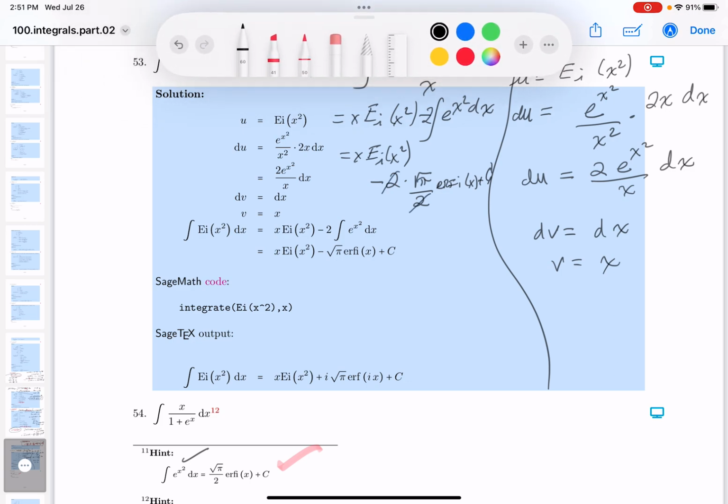I think we got it. The 2's cancel, and let's go for it. What are we left with? x Ei(x squared) minus root pi erfi(x) plus C. Yeah, things work as advertised, which is great news for us. Thank you.